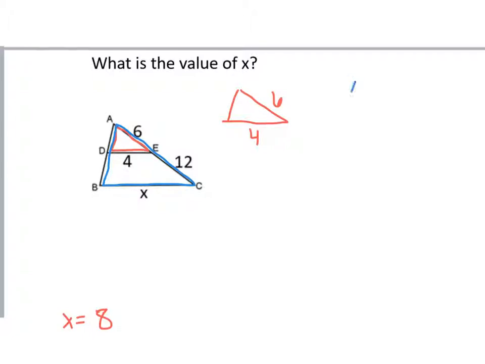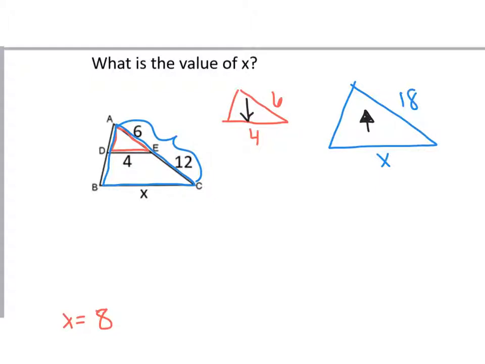So my big triangle has an x on the bottom, and the right-hand side of the big triangle is actually 18. Okay? And then we pick a triangle that we want to be in the numerator, and you can do the small one or the big one. I'm going to go with the big one because nothing says I have to put the small one in the numerator. And then I need to compare corresponding sides.